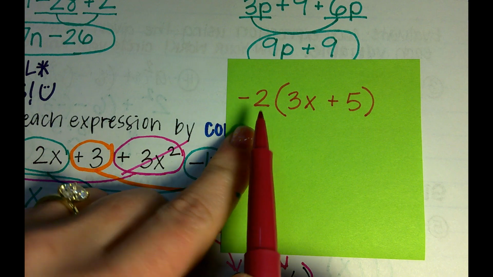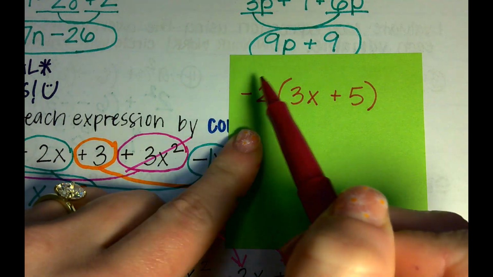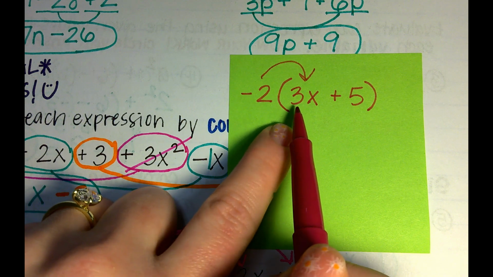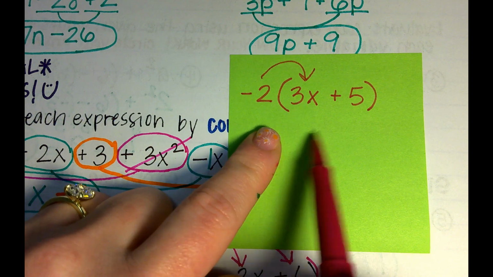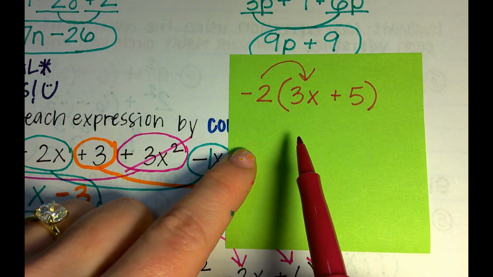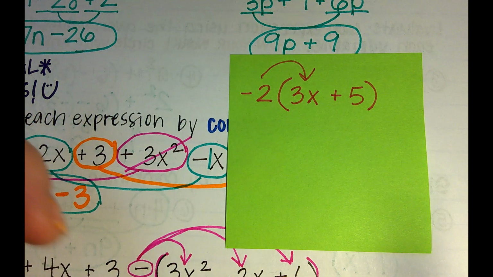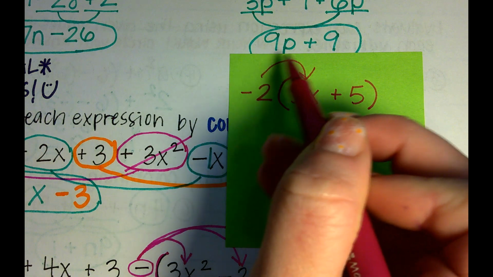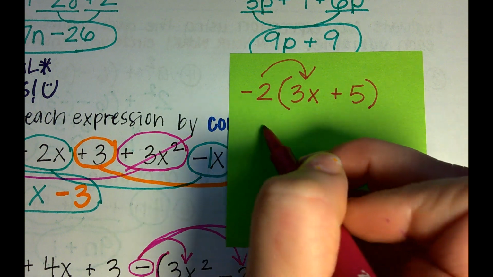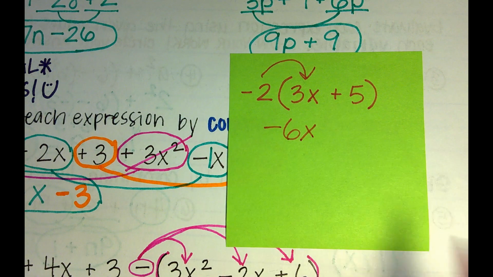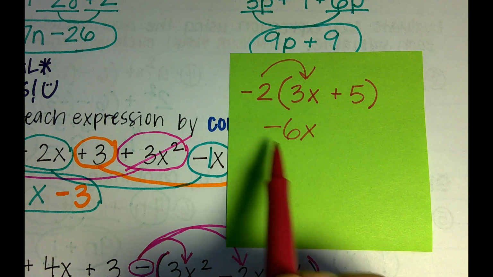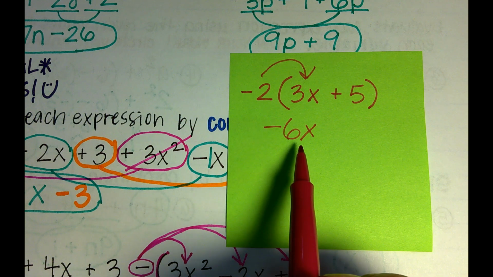So when I take negative 2 times 3x, what happens to my answer? Does it stay a positive number or does it turn negative? It turns negative because we are distributing a negative. So negative 2 times 3 is negative 6x. So you see the sign switched. We started with positive 3. We ended with negative 6.